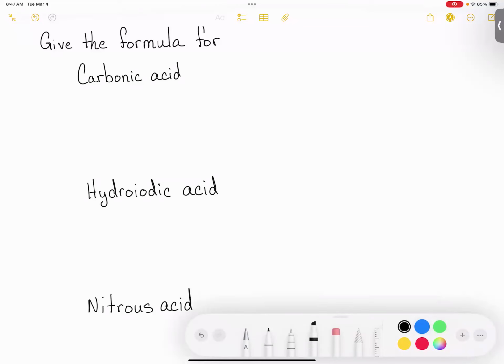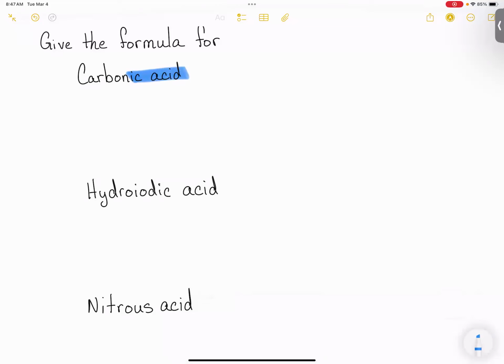Again, I break this down into the ions or into the information. That has -ic acid. So what did it come from? It only has -ic acid. So what was the ending it came from? It came from carbonate. So what is carbonate?